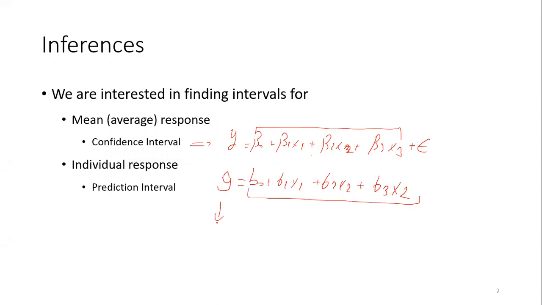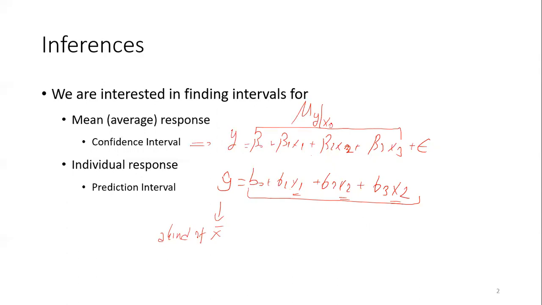And remember, this y hat is a kind of x bar, but this x bar changes at every value of x1, x2, and x3. So in fact, this part is also mu of y, but given at some x, or let's say x0.